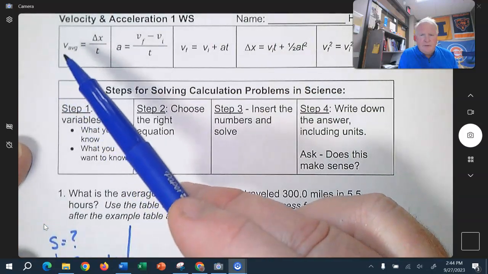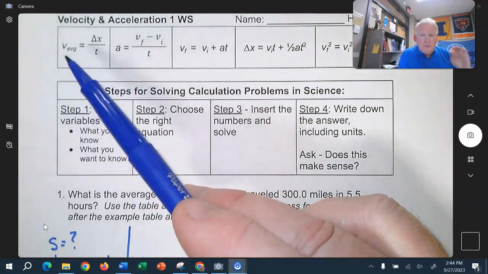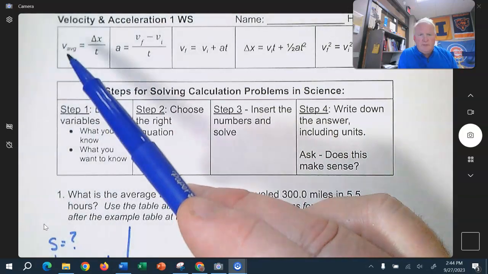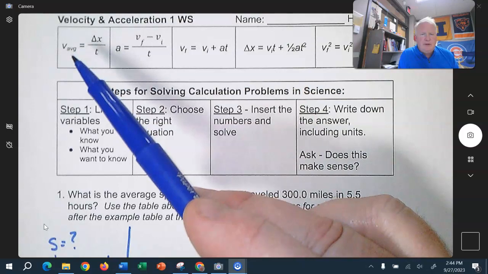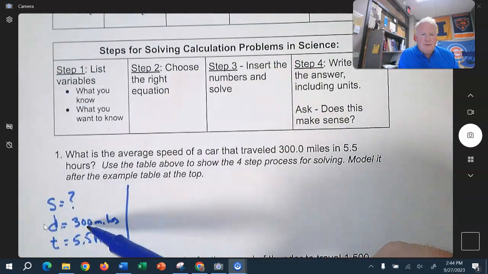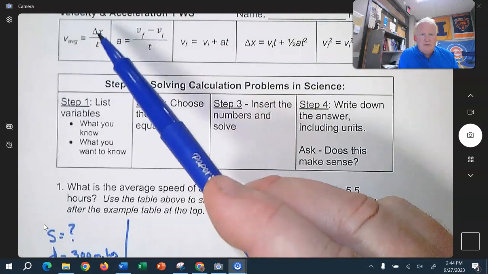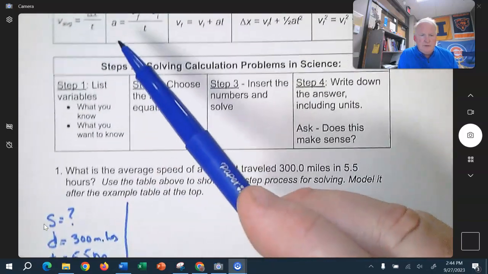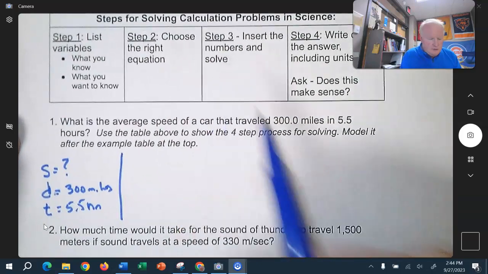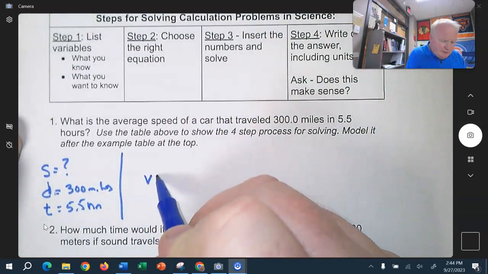Well, it has velocity, and we're talking about the same thing when we're moving in a straight line. Speed and velocity become the same. It's only when we've got windy motion that velocity becomes different than speed. All right, does it have a distance? Well, yeah, delta x is a distance. And does it have time? Well, yes, it does. And so our choice of equation in the second column is pretty easy.